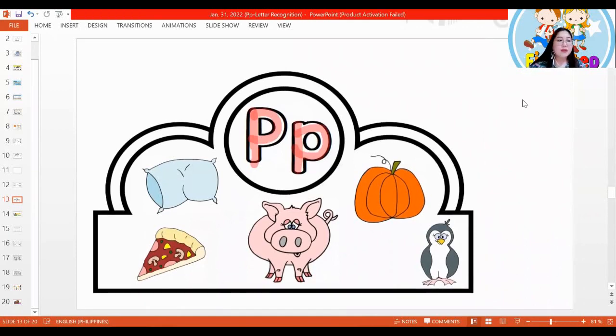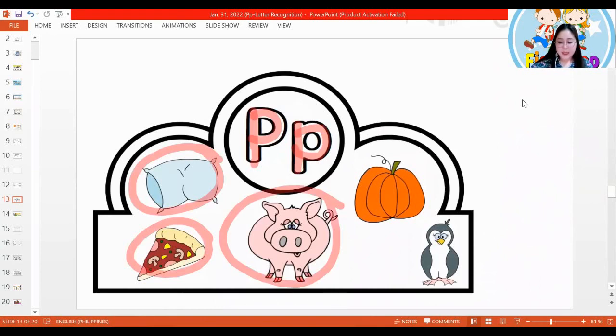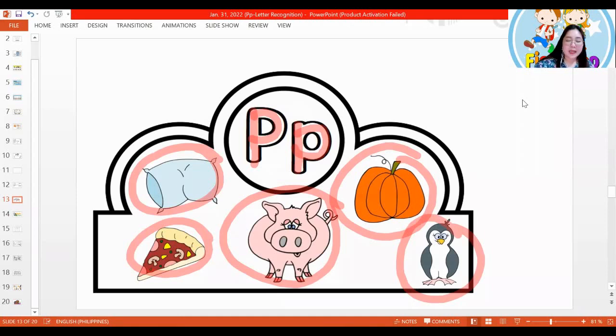So we have 5 pictures here that starts with the letter P. P for pillow, P for pizza, P for pig, P for penguin, and P for pumpkin. All done with your hat? Very nice. Let's do some work first.